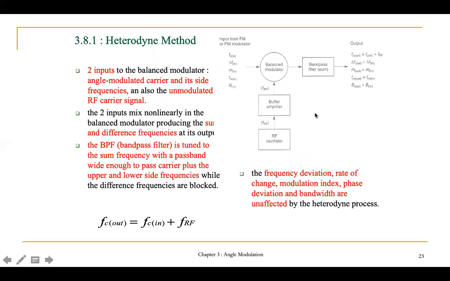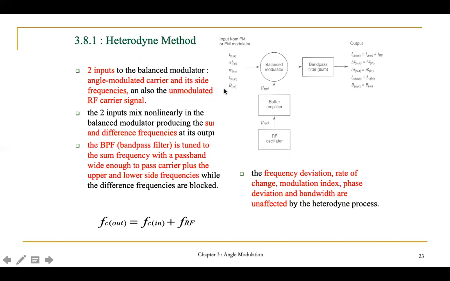So this is the block diagram of the heterodyne method. This is the input from your FM modulator or PM modulator. You have FC, your carrier frequency, you have frequency deviation delta F, you have your modulation index M, you have your modulating frequency FM, and you have your bandwidth.